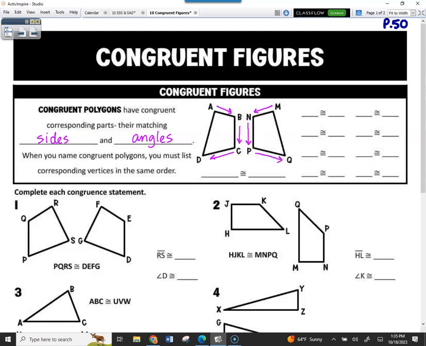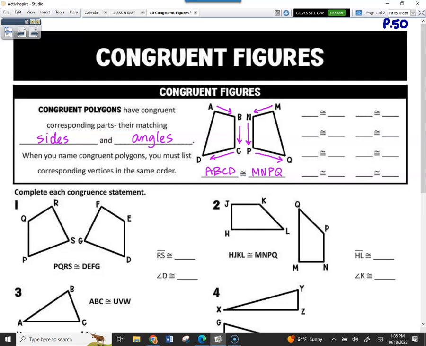Yeah. Okay, so this is shape ABCD is congruent to MNPQ. Basically what you're saying is that even if you flip it, you just have to make sure the points are the same. You have to make sure to trace around the shape in the same order so that the parts that correspond appear in the same position.